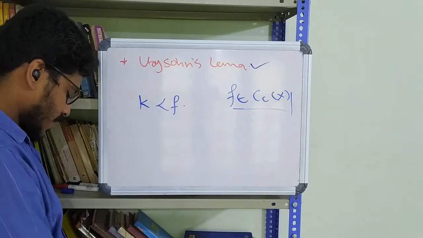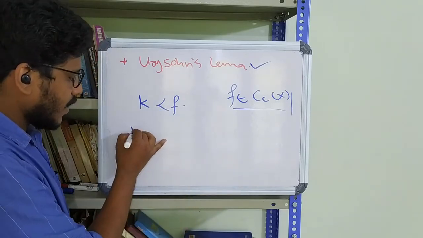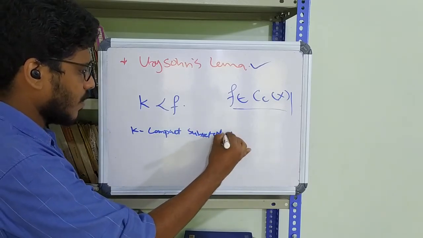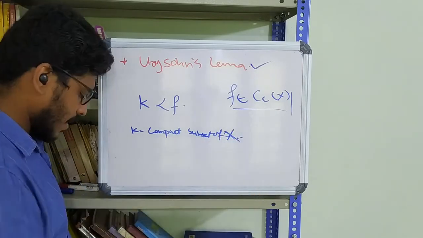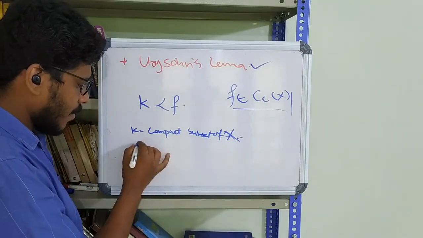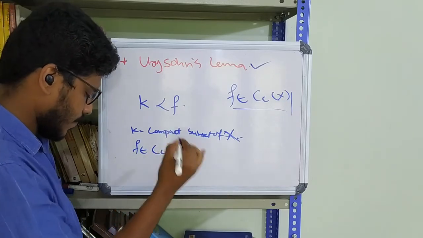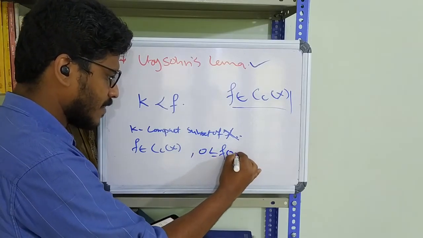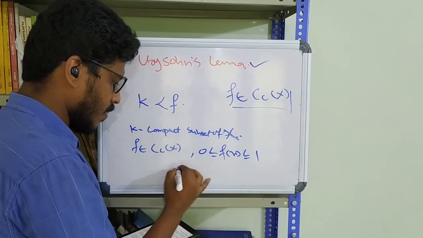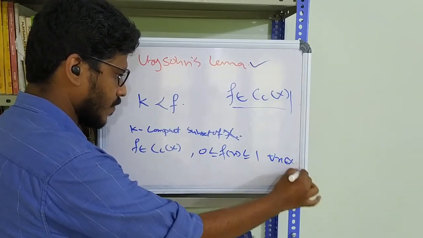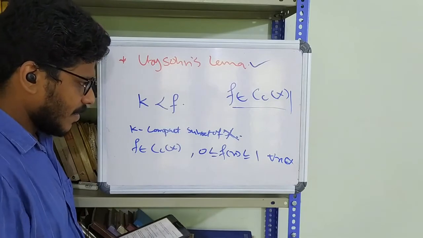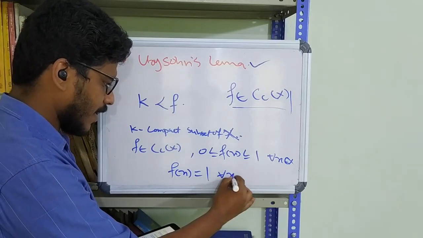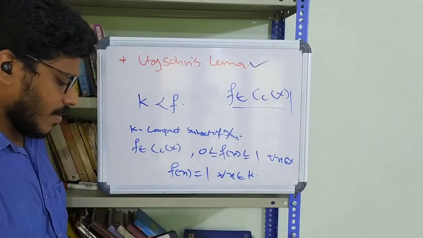So this notation means K is a compact subset of X, and f belongs to CcX, that 0 less than or equal to f of x less than or equal to 1 for every x in capital X, such that f of x equal to 1 for every x in K. Right.